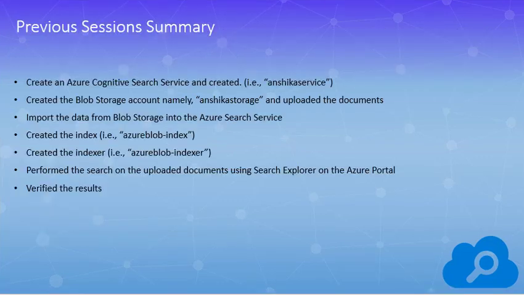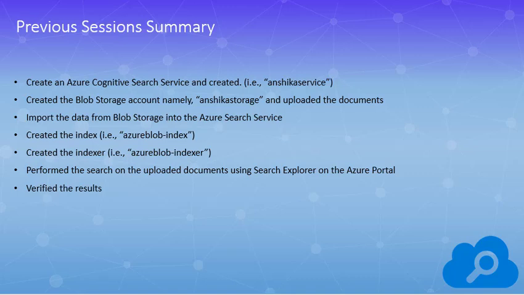So in the previous sessions, we have learned how to create an Azure search service and created Anshika service as a search service. After that, we have created the Blob Storage account, Anshika Storage, and have uploaded some documents using the Azure portal. Then we have learned how to import the data from the Blob Storage into the Azure Search Service.